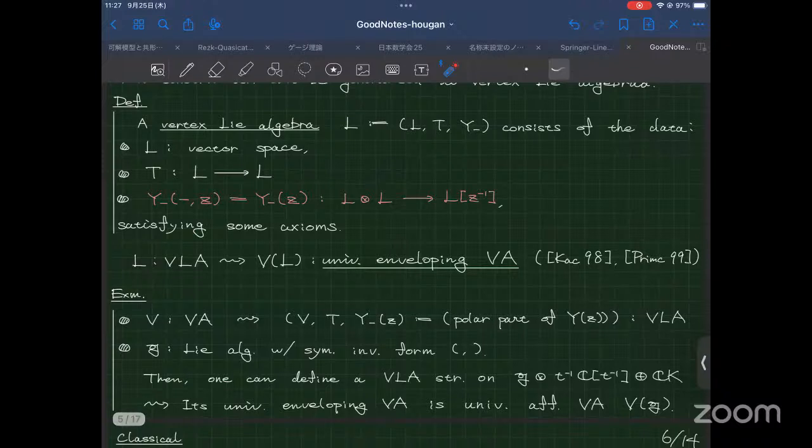For example, a vertex algebra has a vertex Lie algebra structure, and if we have a Lie algebra g with a symmetric invariant bilinear form, then we can define a vertex Lie algebra. So then we have a universal affine vertex algebra as the universal enveloping vertex algebra.